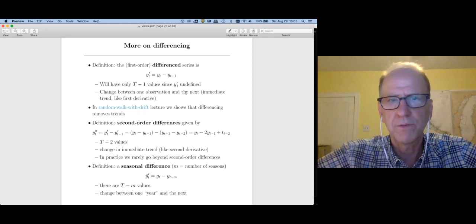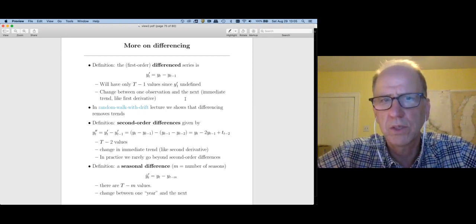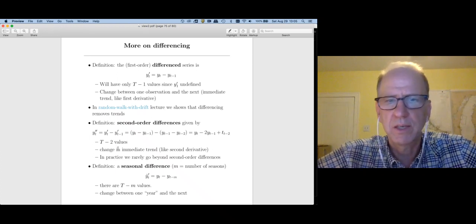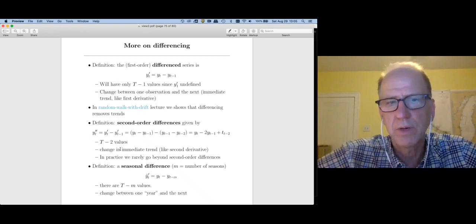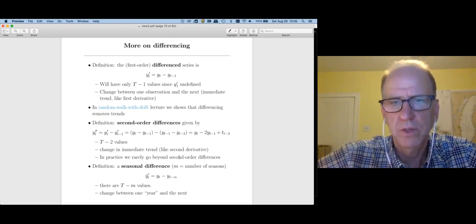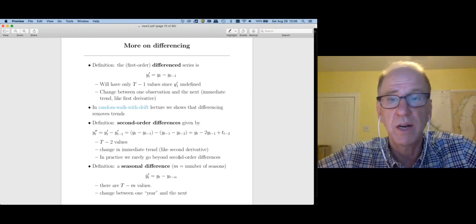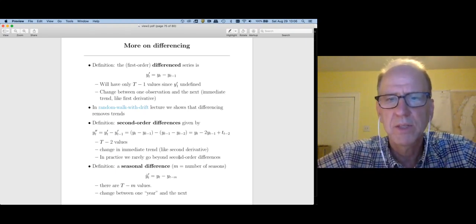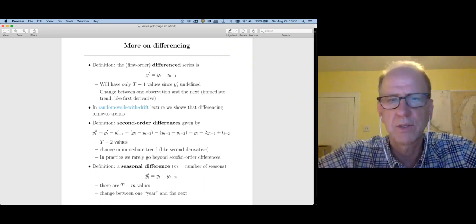Remember, first order differences tell us what's the trend now. Well, this is just trying to say, how is that immediate trend changing? It's analogous to a second derivative. Second derivatives are continuous. Here we have discrete time, and so that's why it's just an analogy, but it plays the same role of the second derivative. It's going to tell us the curvature.